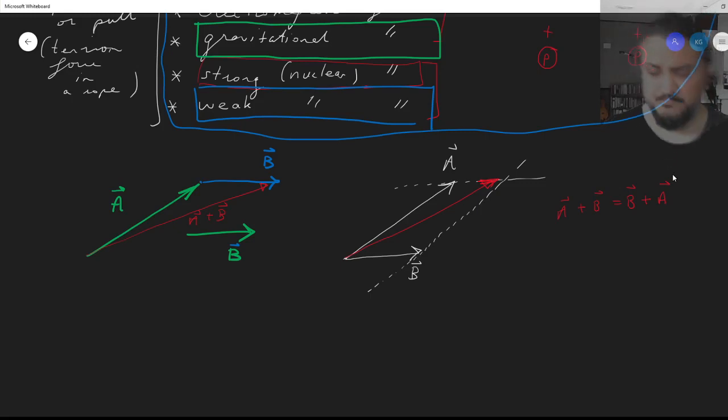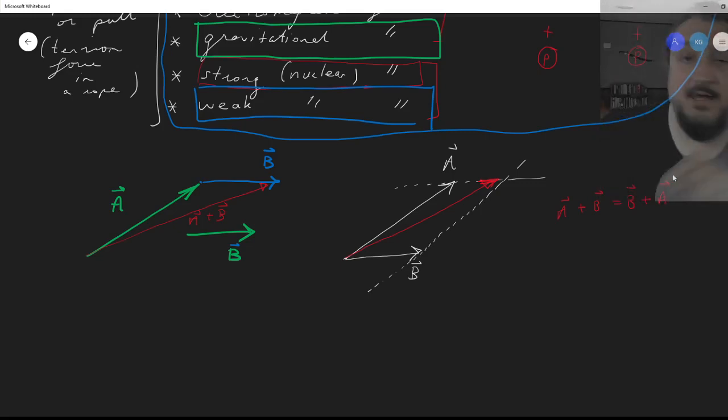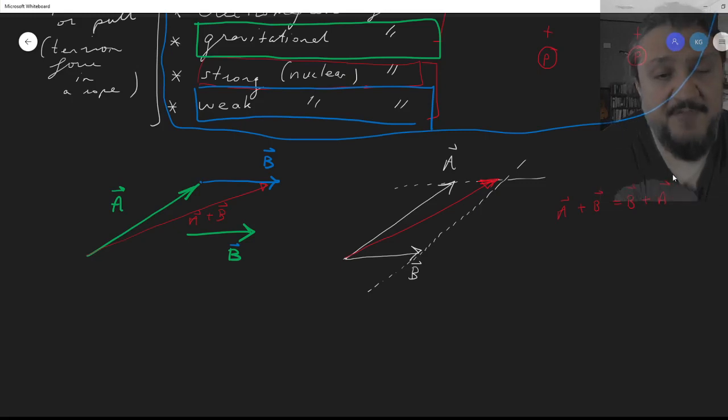And how you would describe these vectors if you want to trace an object, like a fly flying in your room. How do you trace its path using vectors? That's not the subject of this chapter, but still something good to know, which we will use later. But today I want to focus on the use of vectors for forces.